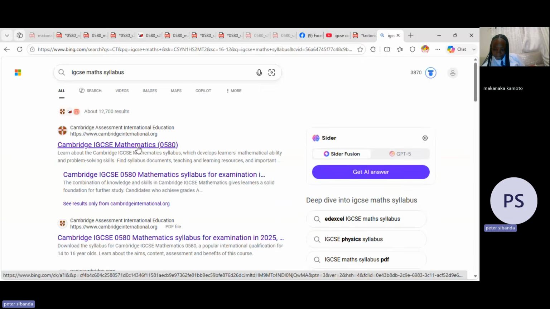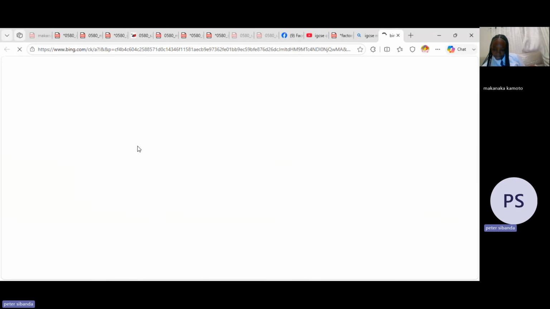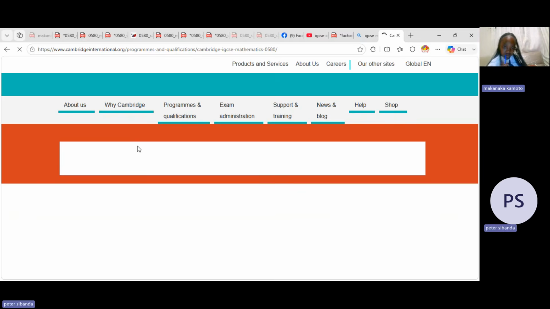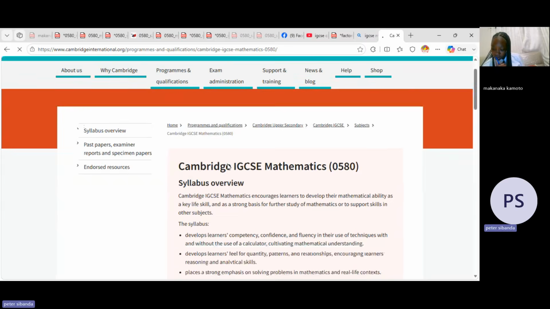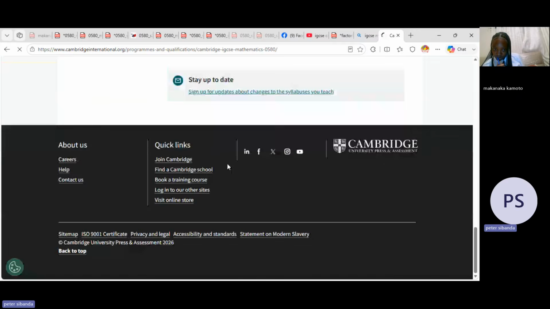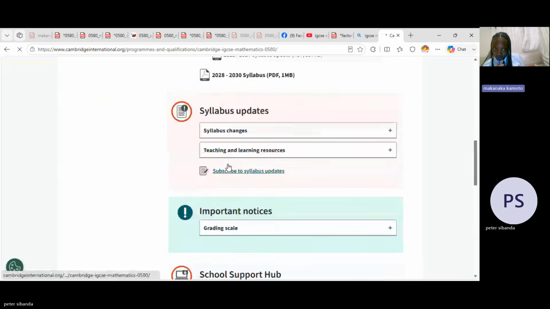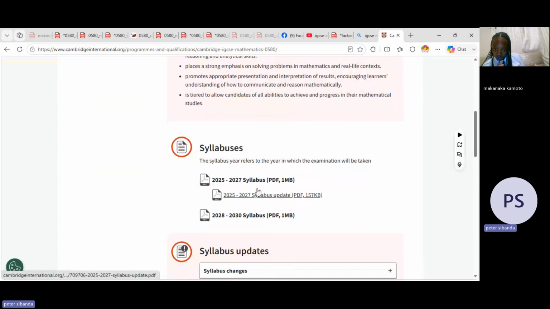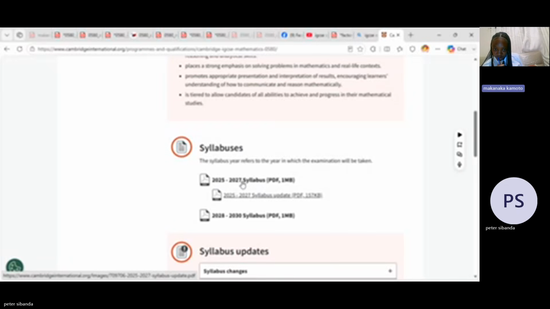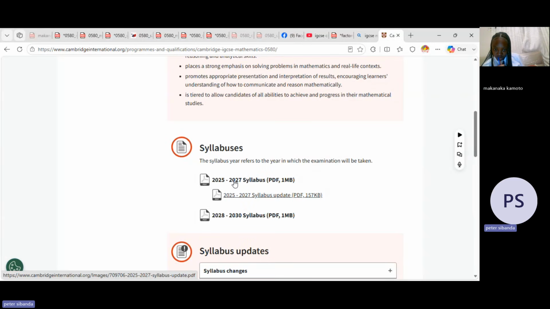Okay, it's loading. Yeah, 0580 is your syllabus. And on the methods, what's happening here? Which one are you writing, the 2025 to 2027? Yes. When are you writing your exams, this year, 2026, isn't it? Yeah. So you're going for this one.